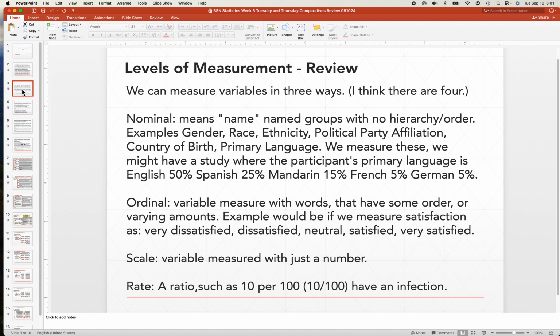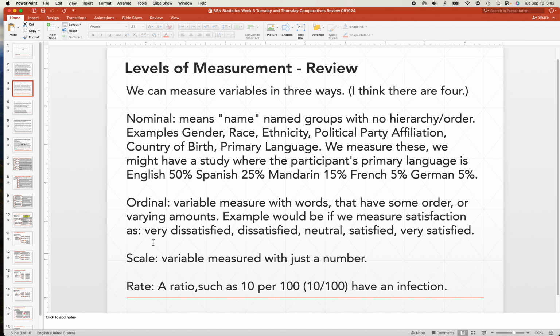If we ask a patient about their level of pain, we say, how would you describe your pain? Using one of these terms: no pain, minimal pain, moderate pain, severe pain. That is ordinal data. And if you look at these, this is a very important thing about ordinal data. When we give patients or, say, staff nurses terms such as very dissatisfied, dissatisfied, neutral, satisfied, and very satisfied, we really don't know what the difference is between any two ratings that are next to each other.